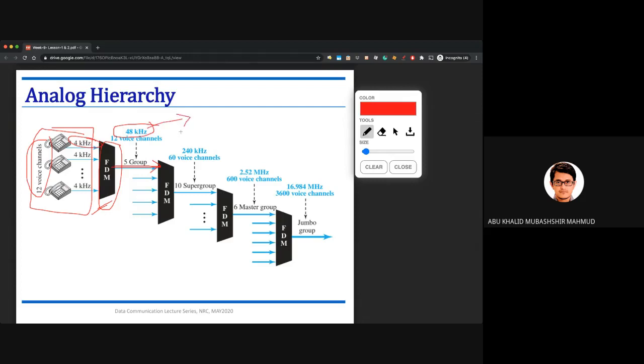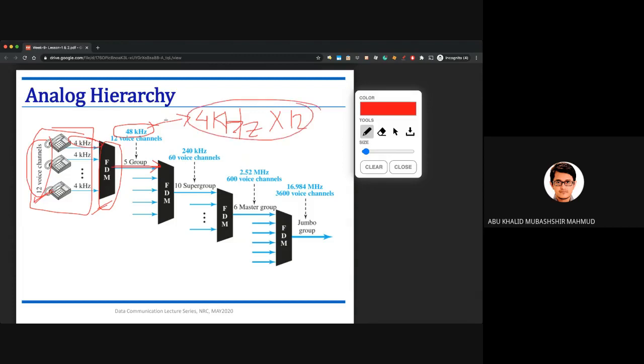So how do we get this value? We have the frequency for a single channel, 4 kilohertz, and then we multiply it by 12 because there are 12 voice channels.